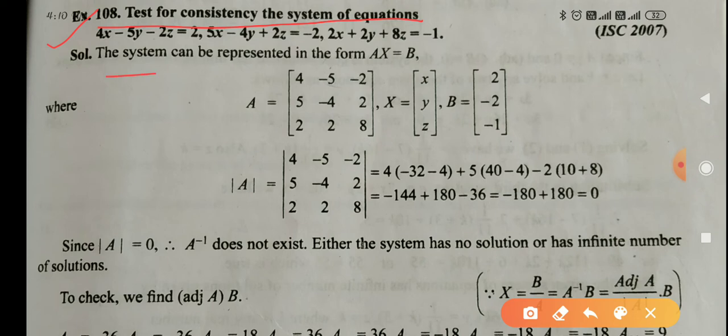First of all you make coefficient matrix A, variable matrix X, and constant matrix B. Now I told you to check the consistency. First you will find determinant A. Determinant A you are finding, and it is coming 0. So it means that system may be consistent or system may be inconsistent. If it is not equal to 0, then exactly you can say system is consistent. But it is equal to 0.